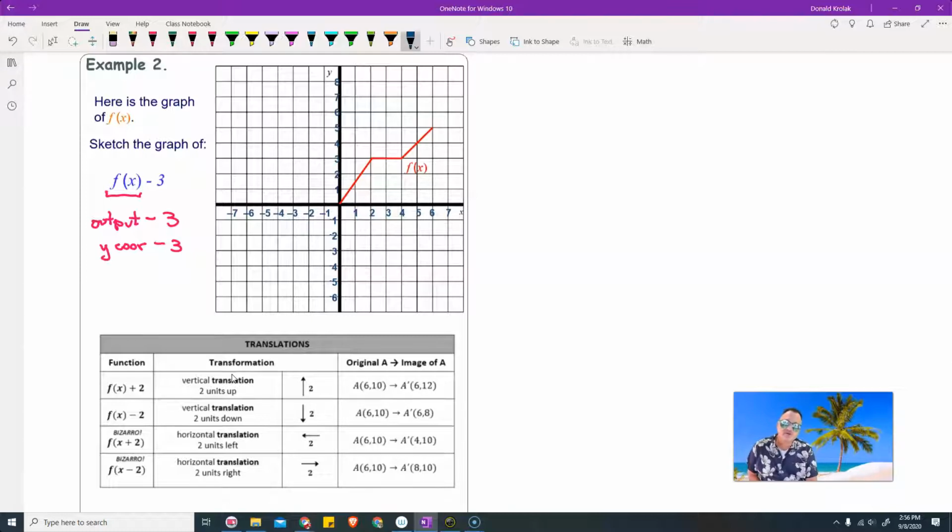So if I was going to graph this, I would just pick some points and take each one of those points and drop them down 3 places. And then connect my dots. Okay, and then that's the graph f of x minus 3. The graph shifted 3 down.